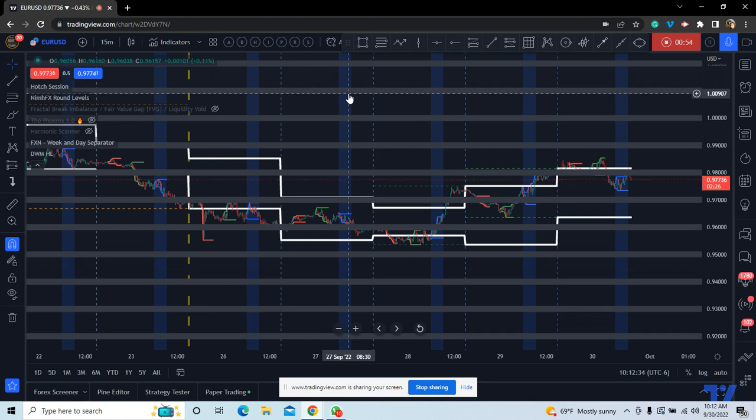So, in terms of STACEY Burke, his methodology, basically, I've designed this interface with a combination of useful indicators to help me identify the highs and lows of the various sessions and the prior day's highs and lows, as well as the prior week's highs and lows.